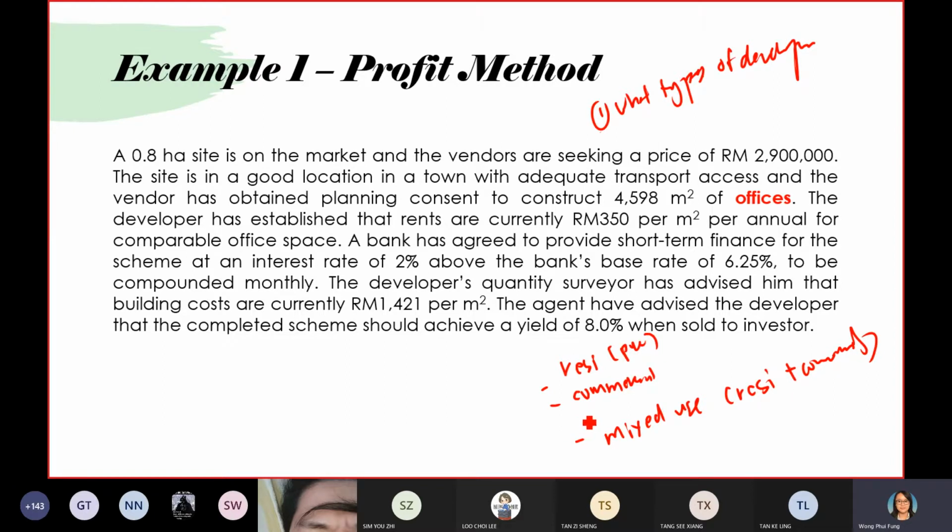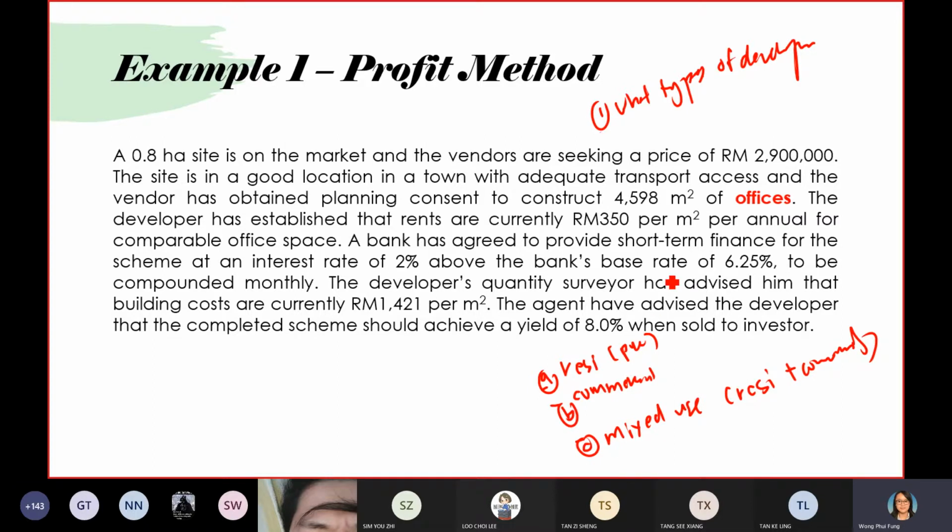Pure commercial only means you propose shopping mall or you propose office, pure only. The last one is mixed use. You want to mix, like service apartment. Lowest few floors, you want to propose retail. Then upper floors, you want to propose service apartment or condo. So that is a mixed use residential. So type A, type B, type C, their development appraisal will be slightly different.